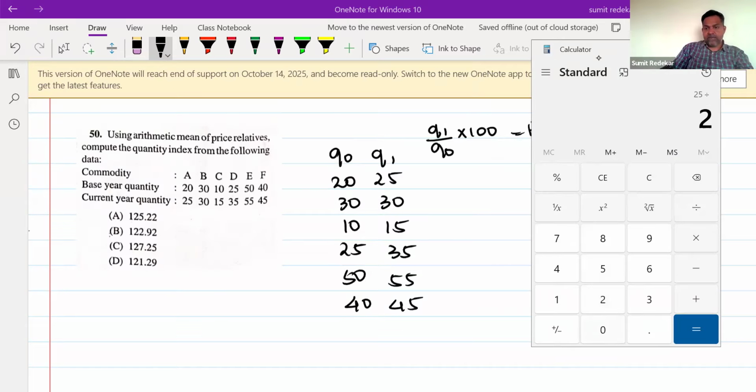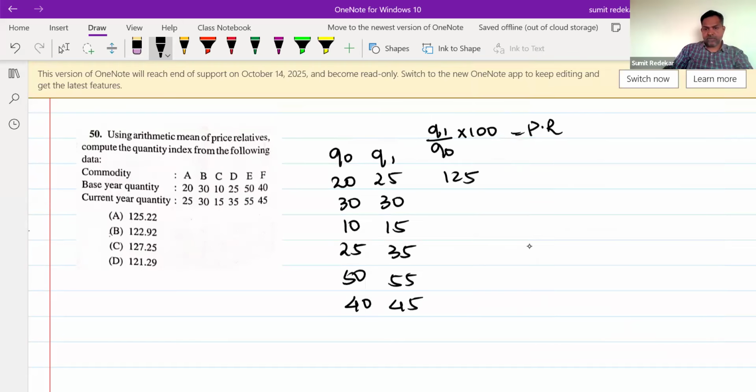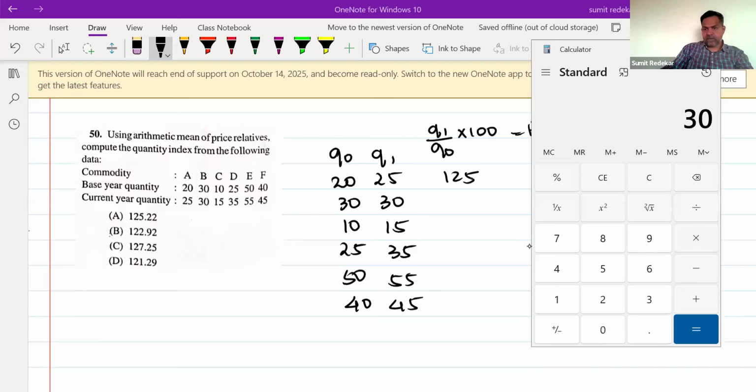25 divided by 20 and multiplied by 100, 125 and add that to memory. Next 30 by 15, मुझे मेमोरी में डालना है वो. 200, add that to memory.